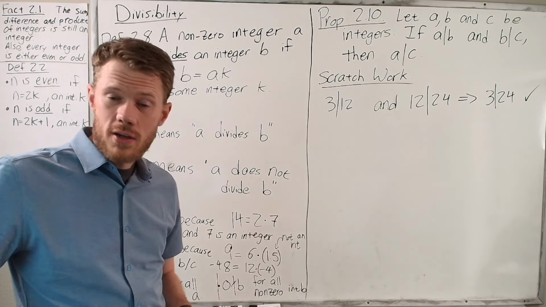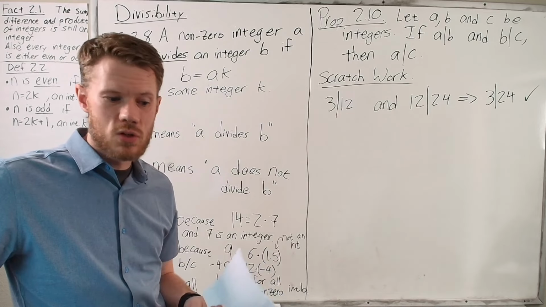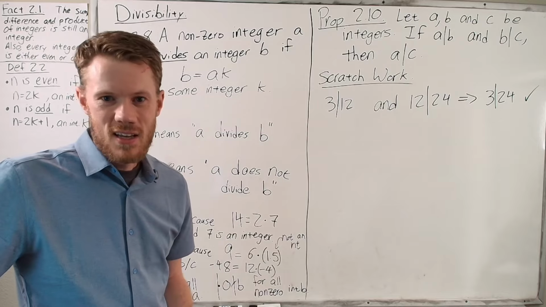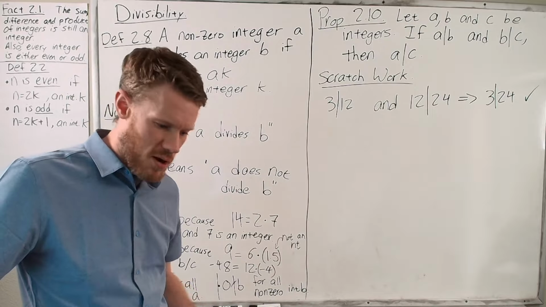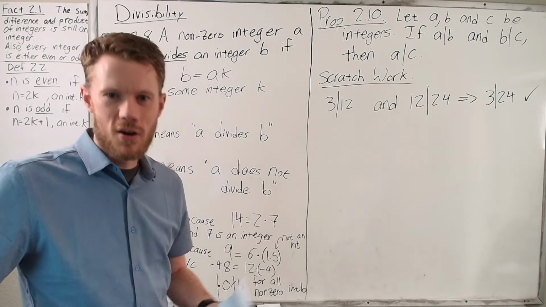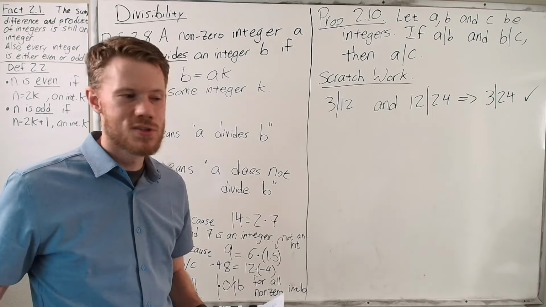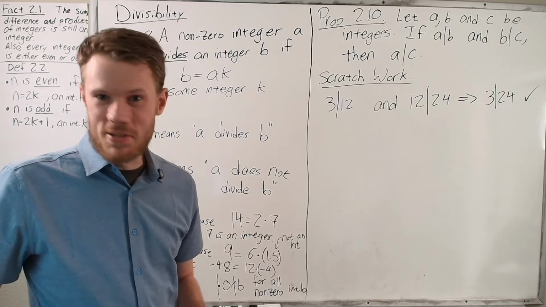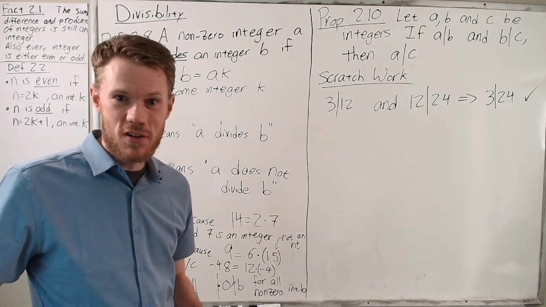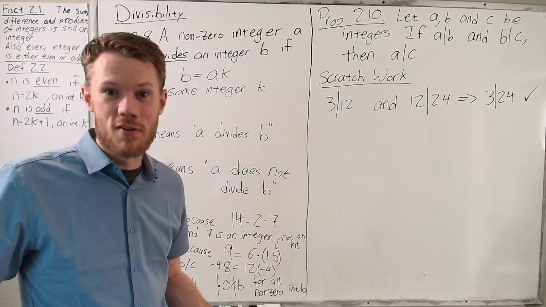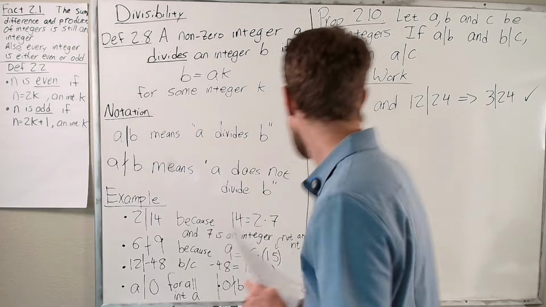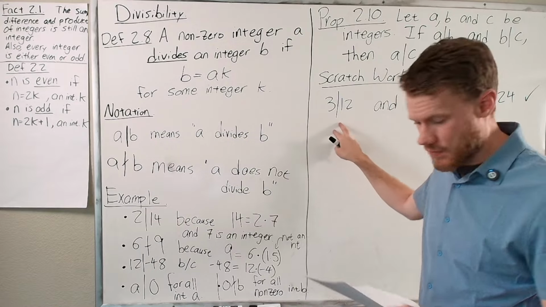Now, in our scratch work, it's also useful to always recall definitions. Now, as our propositions and the proofs get more complicated, our scratch work will take on a variety of forms. But in almost every case, if there's a relevant definition, it should be front of mind. For example, 3 divides 12 has a definition to it.